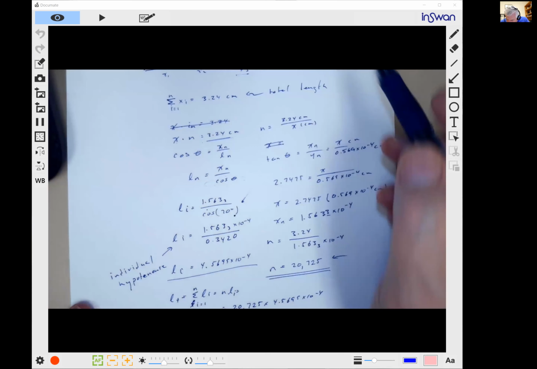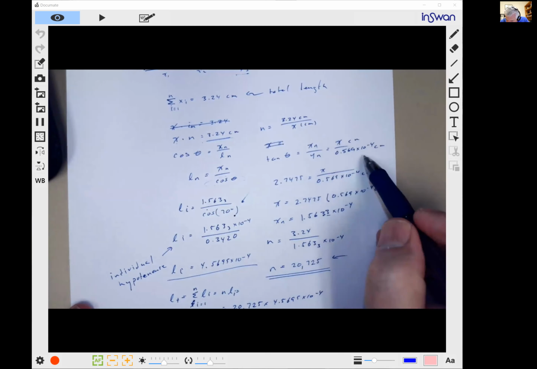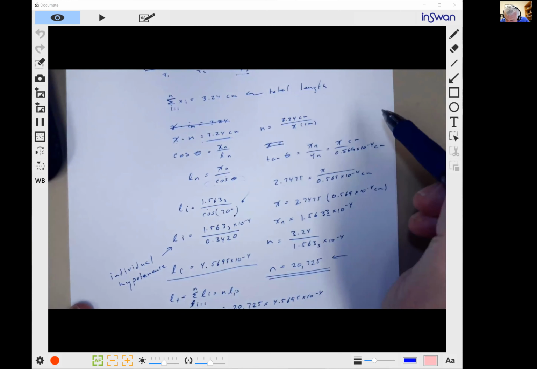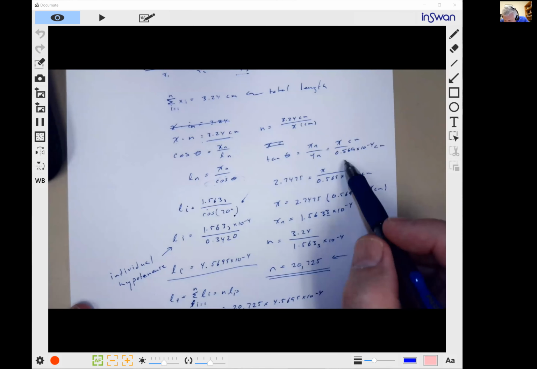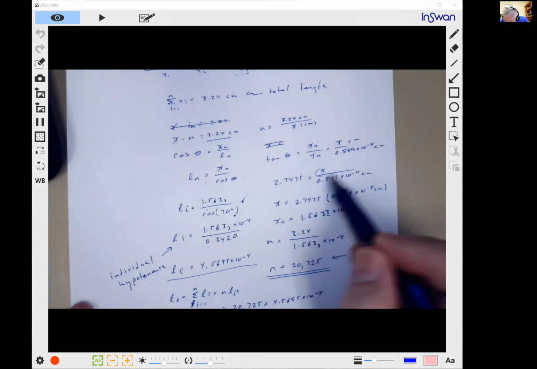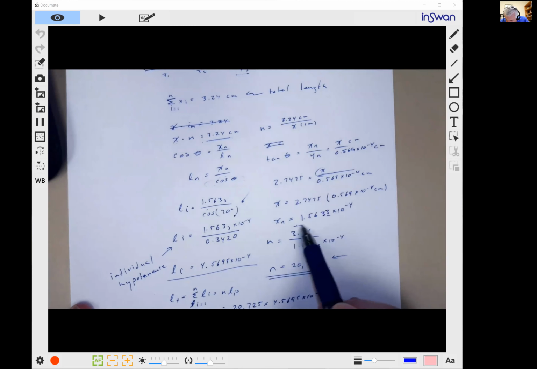And then to calculate n, we'll calculate the individual x value. The x value comes from the tangent function, and that comes out to 1.56 times 10 to the minus 4.